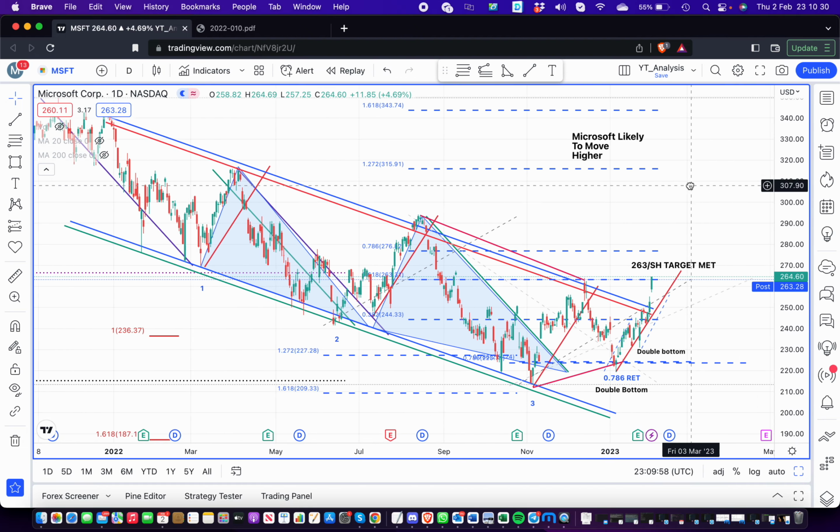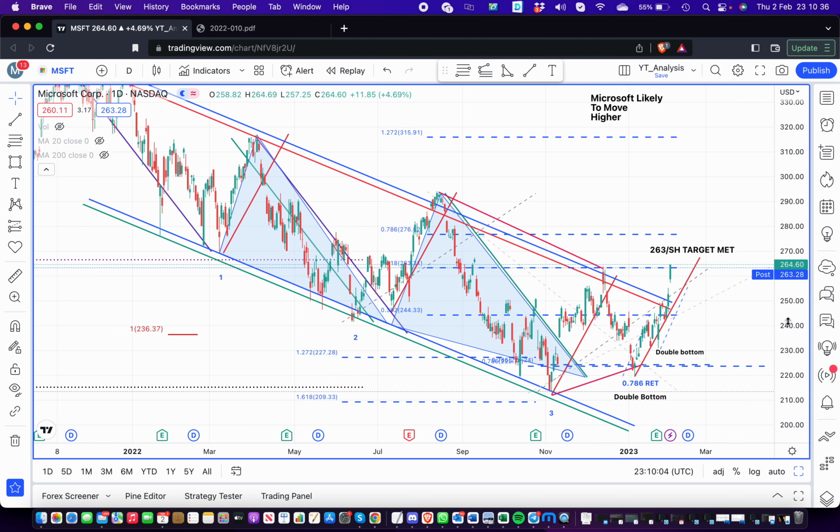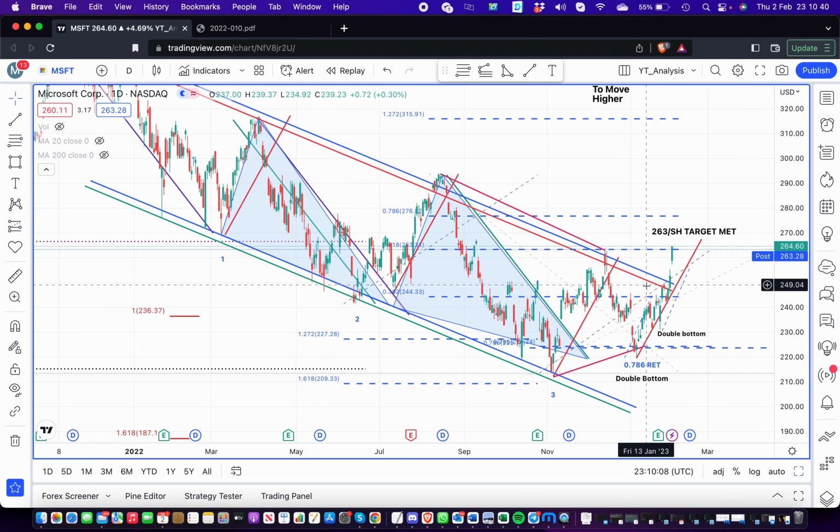Okay, so look at this really nice channel it has been moving in, and what we're looking at is this channel, which was a repellent zone or resistance zone previously, and it found some resistance here for a couple of days, and price moved lower.